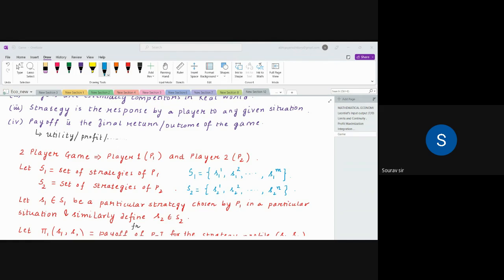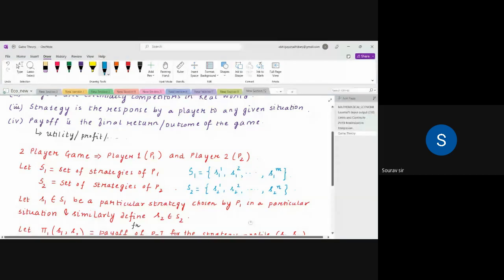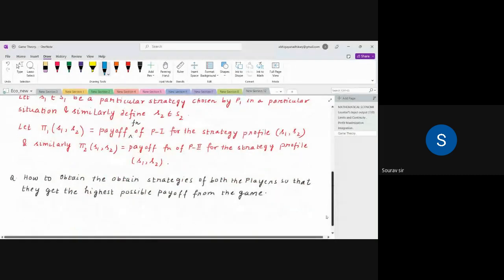Anything else? All right, if you could understand the notations, then we can proceed with the next parts.